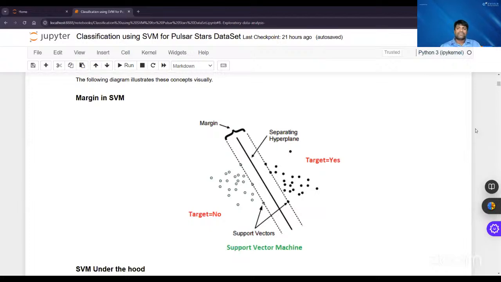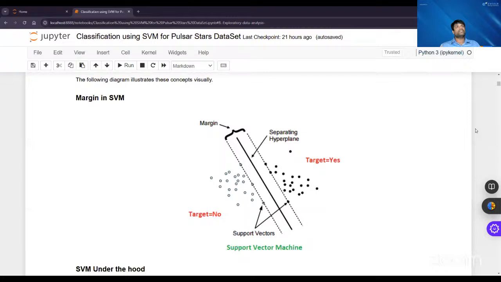The margin is actually helping the hyperplane. It creates a particular boundary near the hyperplane. If a particular point is very close to the hyperplane, which category do we have to give, yes or no? Because of this, misclassifications happen.